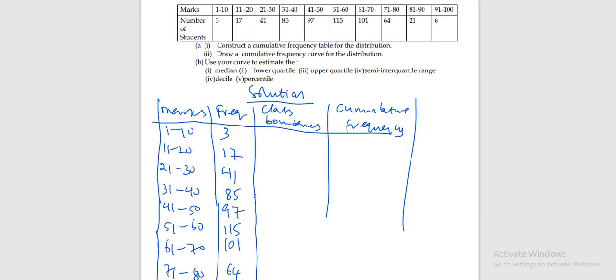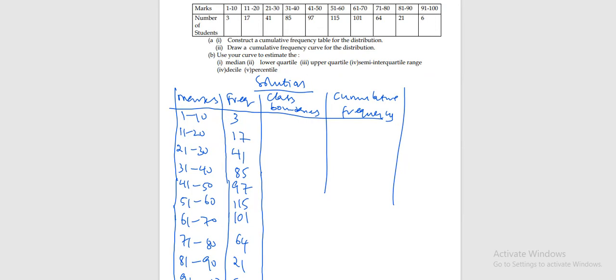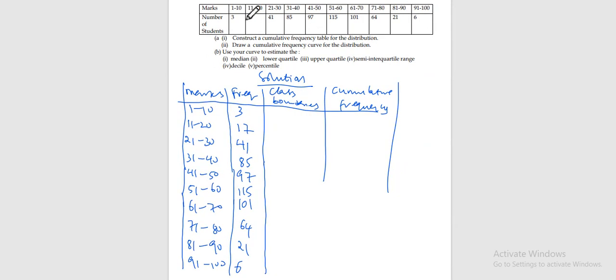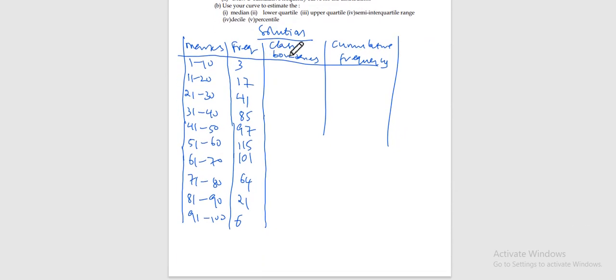Now for the class boundary, here we subtract 0.5, here we add 0.5, subtract, add, and so on.